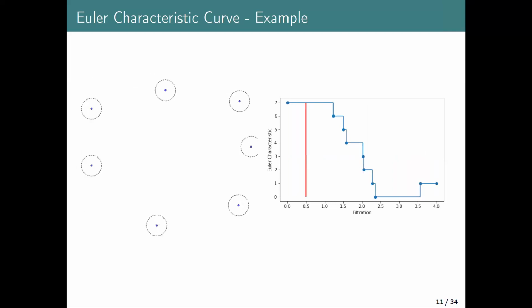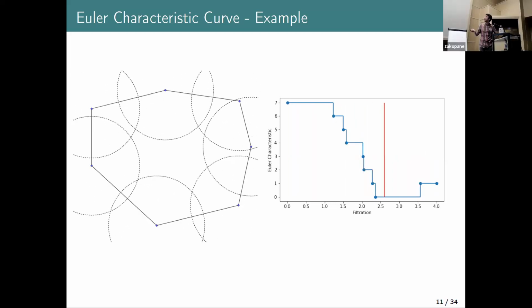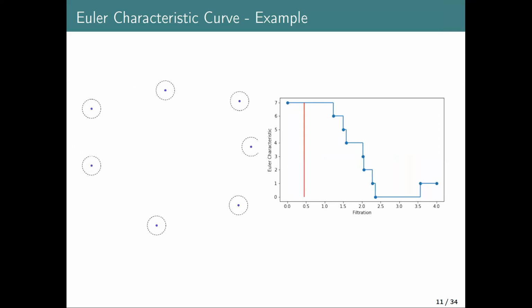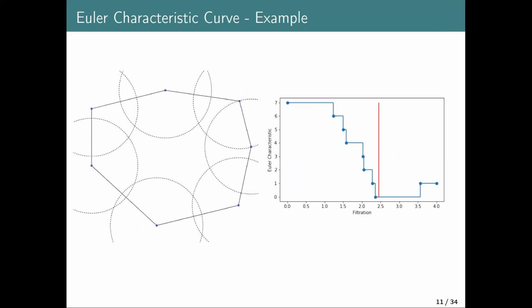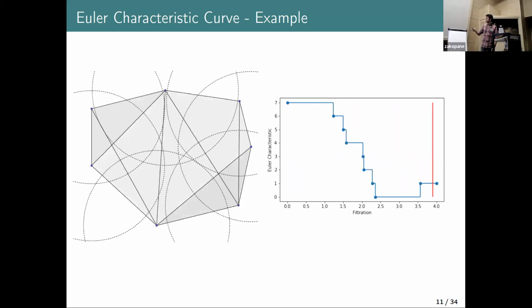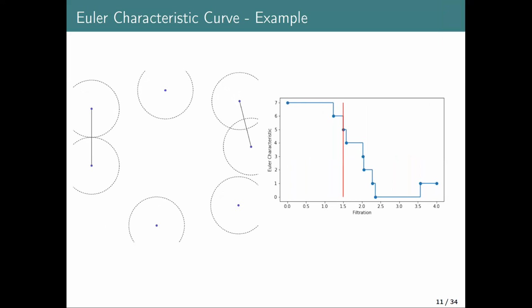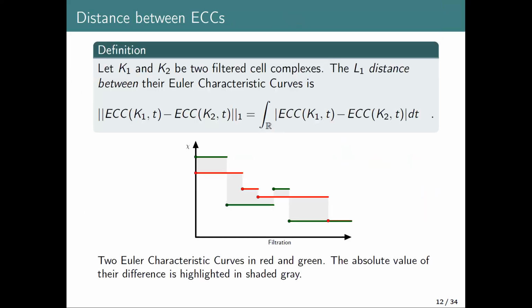Okay, so we can do that, and moreover, since these are just piecewise constant functions, we can define distances between them, because that's another important thing in TDA. You want to have topological descriptors of your data, but you also want to have ways of computing distances between them.